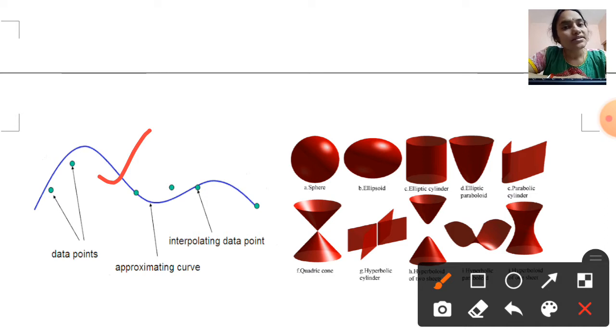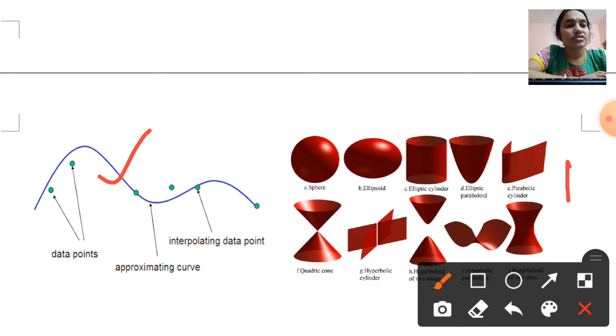But here some data points are connected and some are not. The data points which are connected to the line are known as interpolating data points, and the data points which are not connected are approximation data points. All these things we will discuss in detail later.